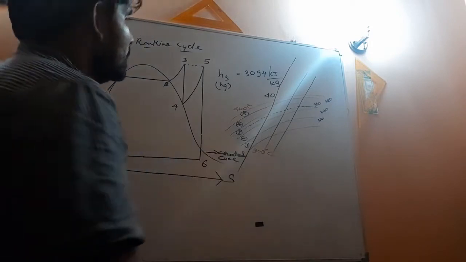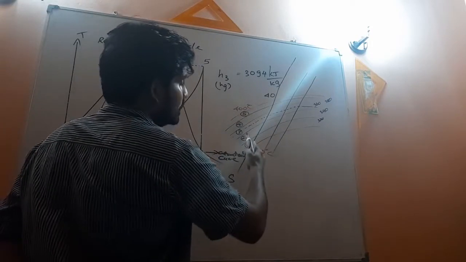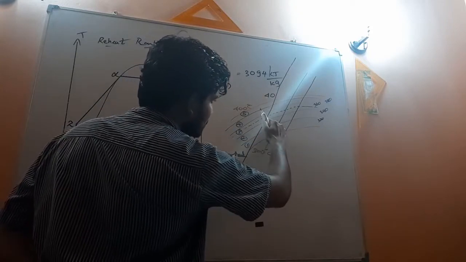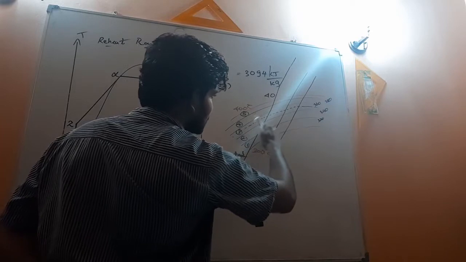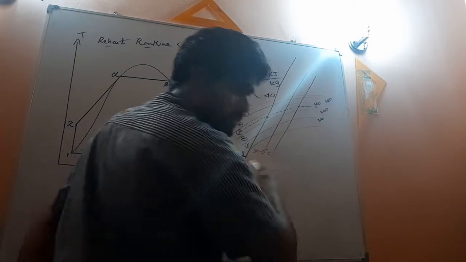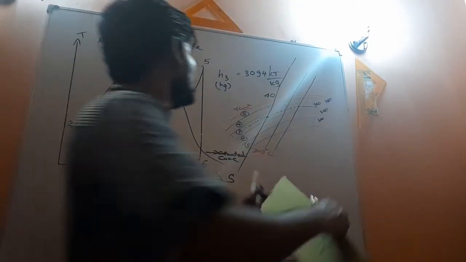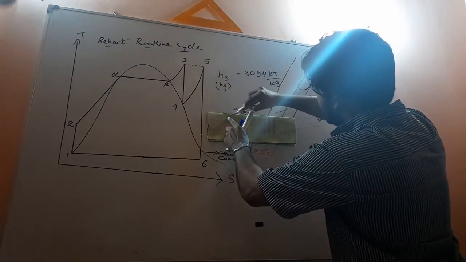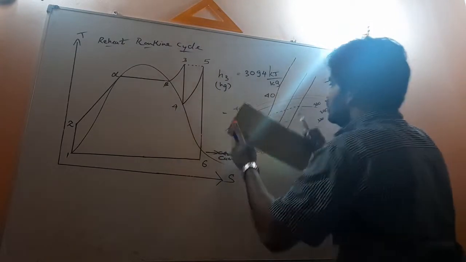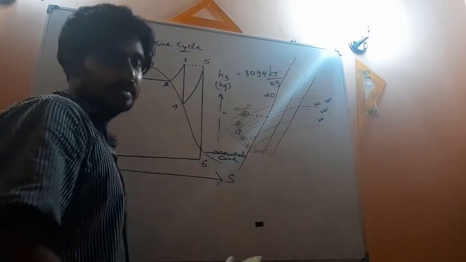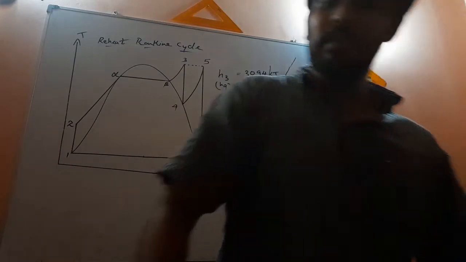So now 40 bar line, you have to find the intersection of this 40 bar line with this 350 degrees Celsius dotted curve. So that intersection is here. So this intersection you have to project horizontally to y-axis, right? So from that you can read the enthalpy value.